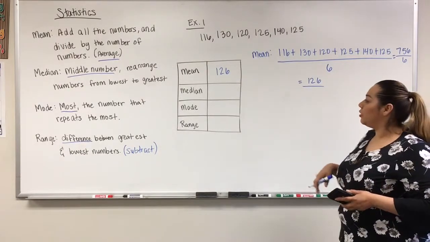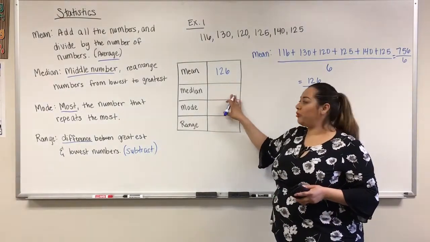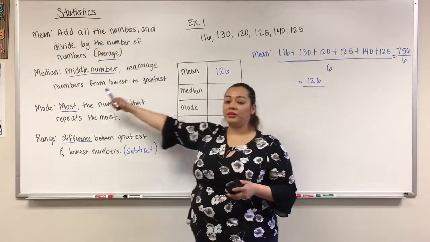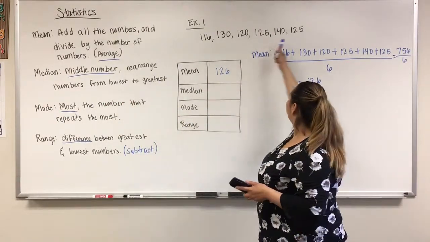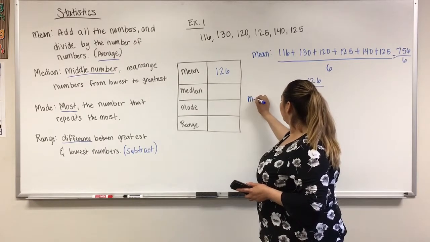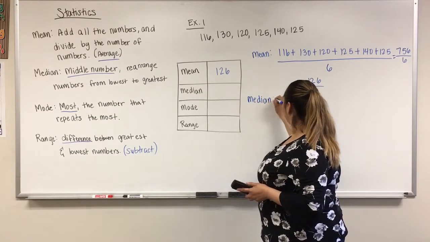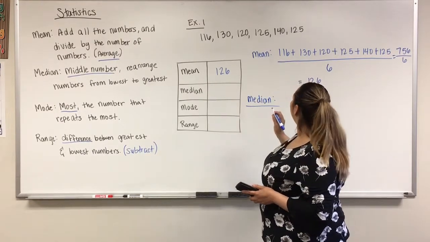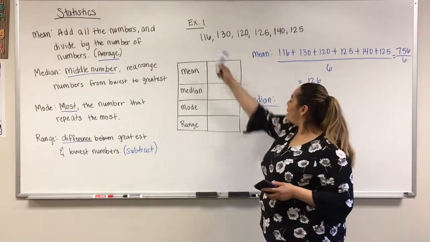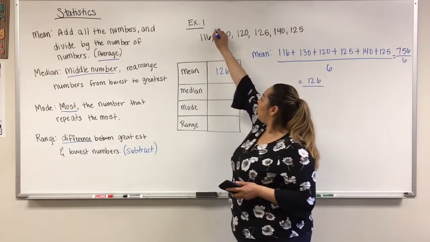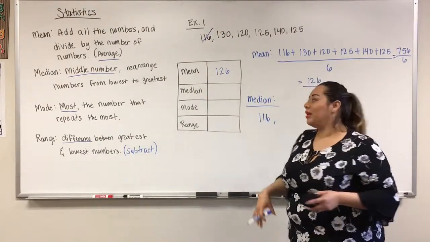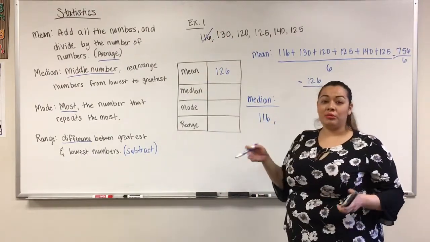Our median is the middle number. Remember that for this one, we have to rearrange the numbers from lowest to greatest. The lowest one that we have seems like it is 116. Once you bring it down, I would suggest you cross it out, so you know you used it. That's going to help us just in case we miss one.